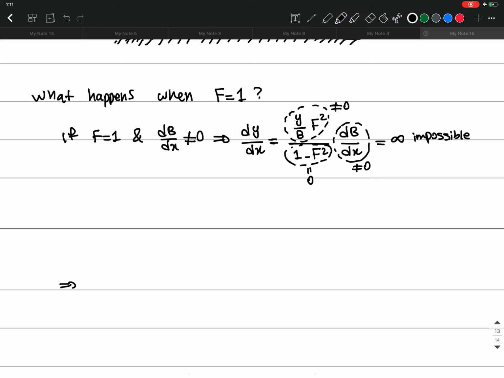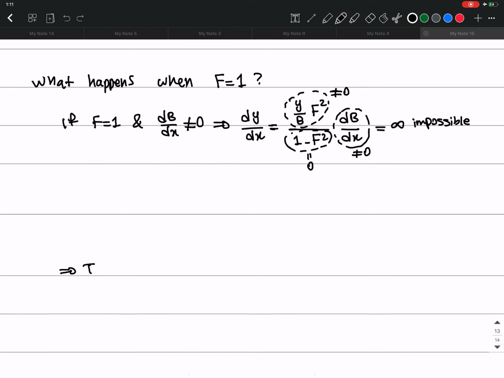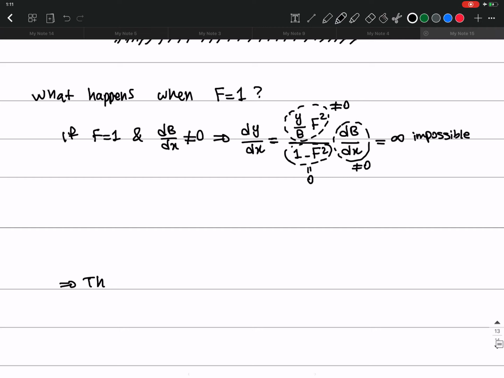So the only place possible for Froude number equals 1 is when dB over dx equals 0, meaning that the width of the channel should not change, which is, in this configuration, at the throat.